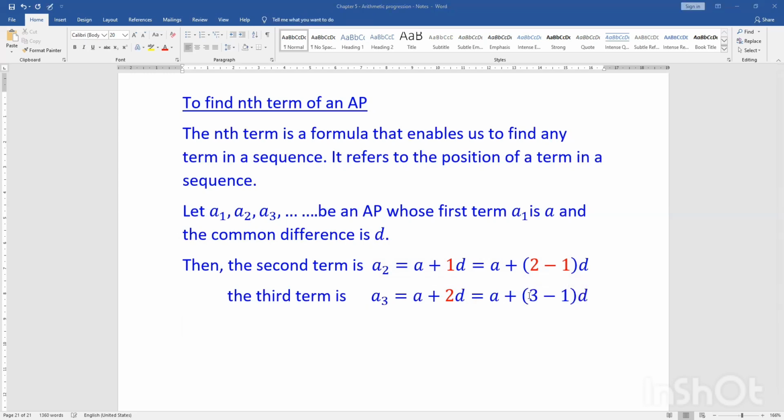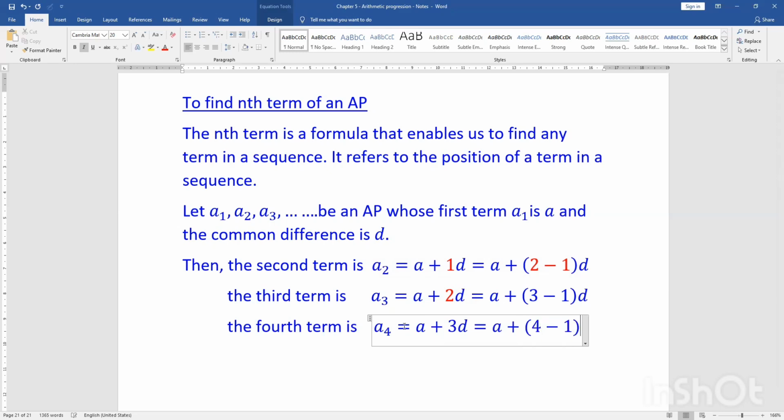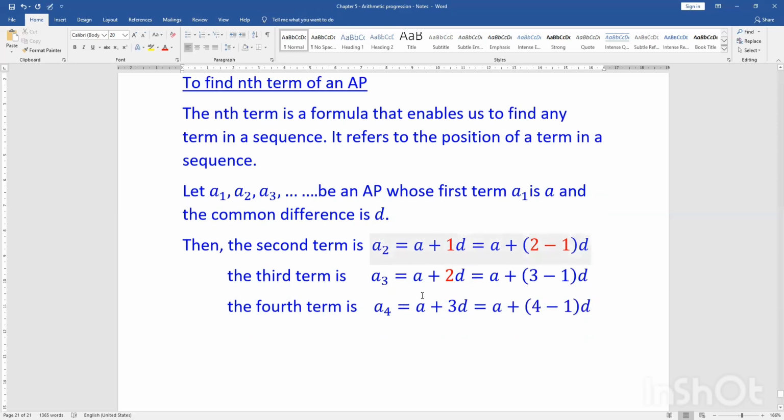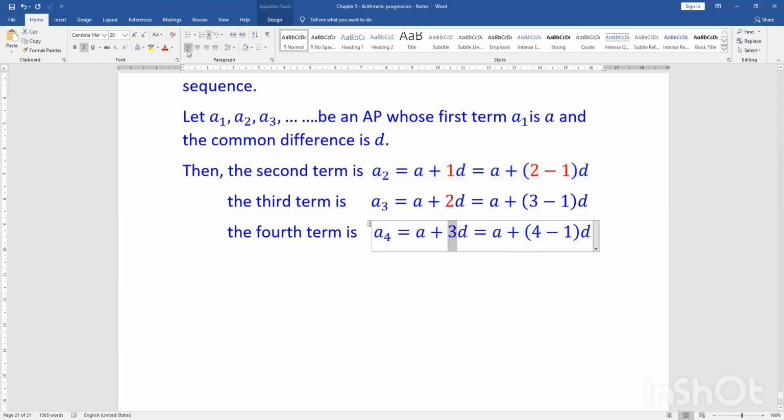Now the fourth term. The fourth term is A4, which is nothing but a plus 3d, which will be equal to a plus (4 minus 1) into d. So here 3 is written as 4 minus 1. Similarly, here 2 also is written as 3 minus 1.